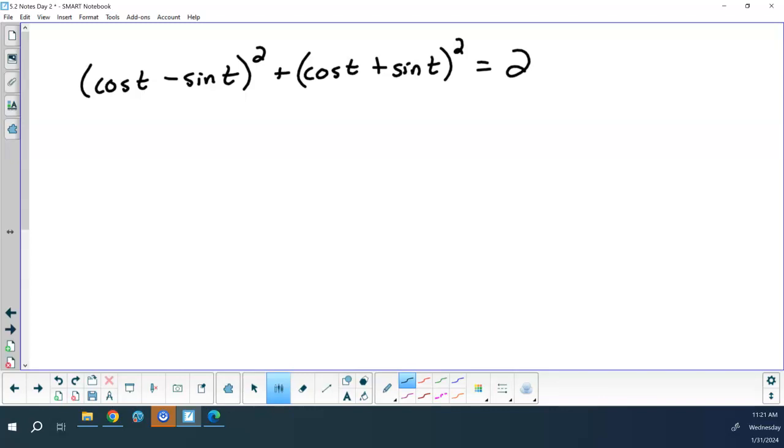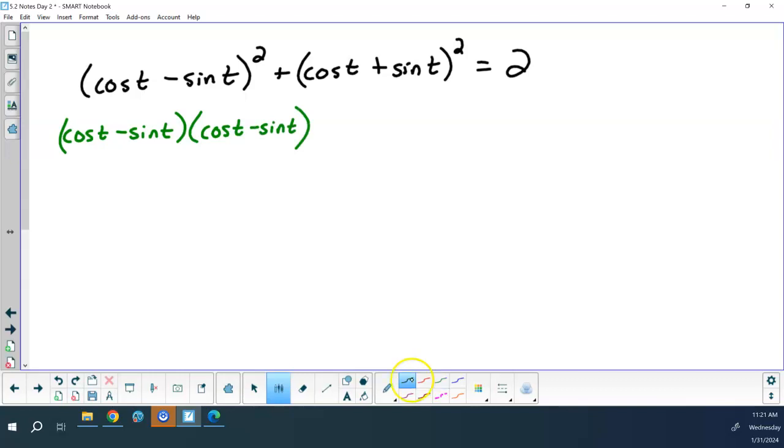Okay? What this truly means here is cosine of t minus sine of t times cosine of t minus sine of t.